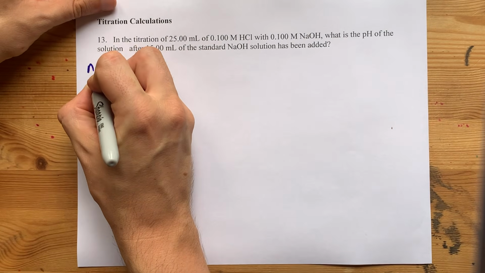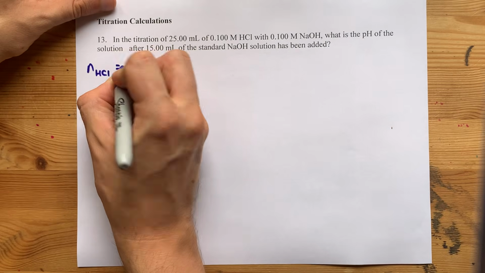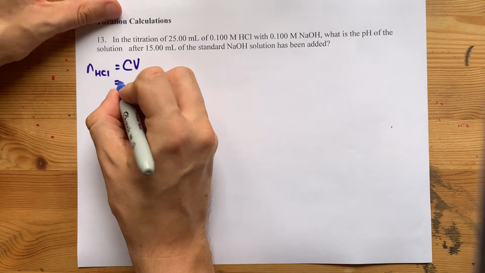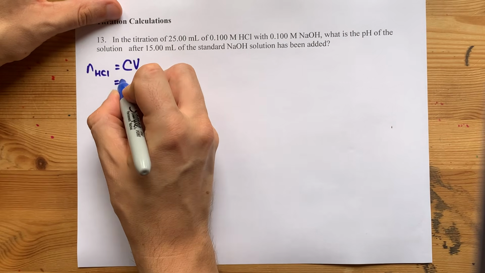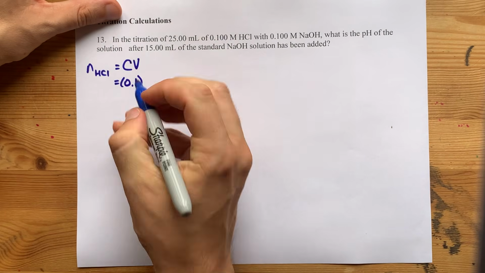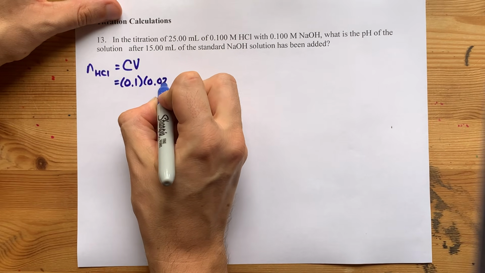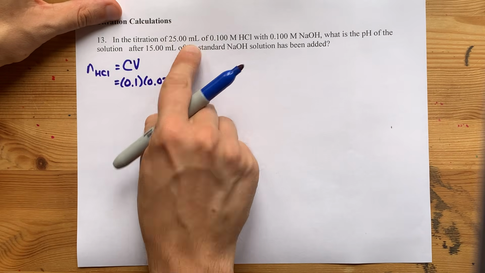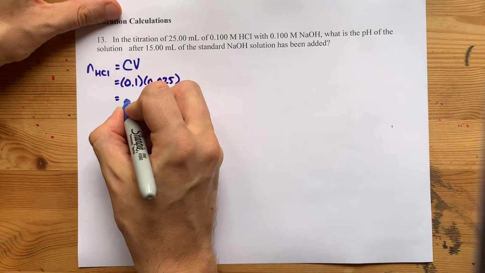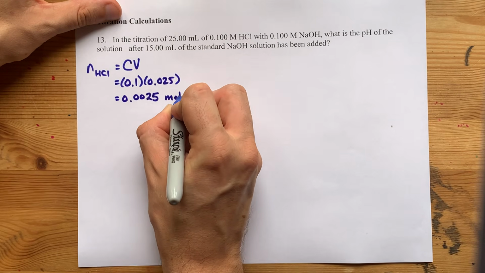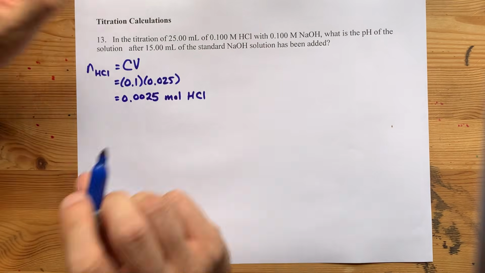The number of moles of HCl that you're starting with is concentration times volume. I'm not going to do anything fancy here. I'm just going to use the concentration in moles per liter times the volume in liters. I'm dividing it by 1,000 to get liters from milliliters. It means that I start with this many moles of HCl.